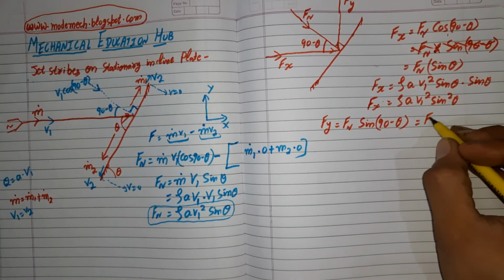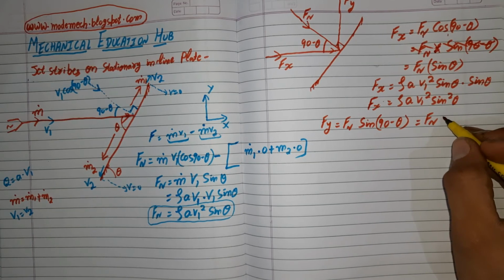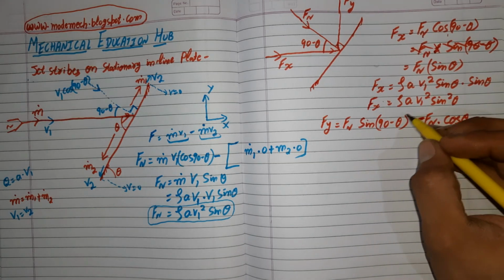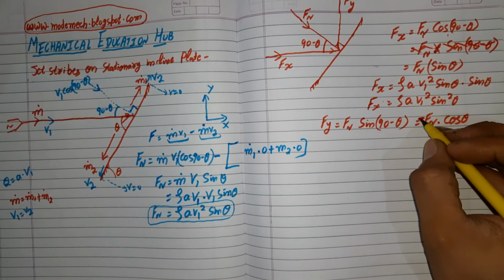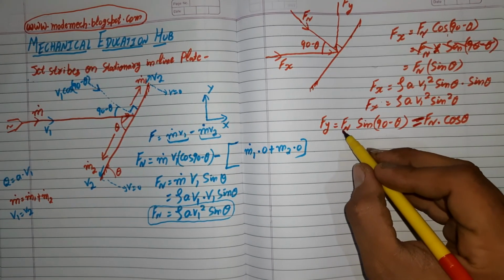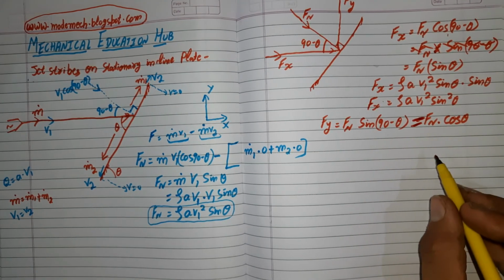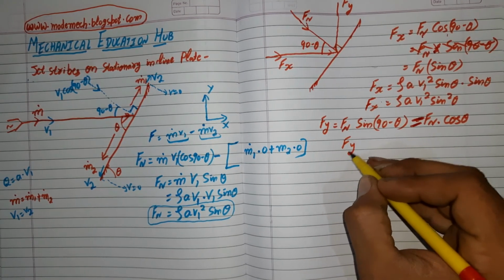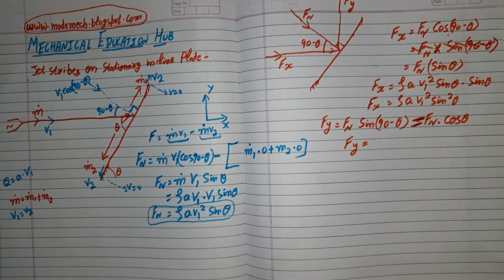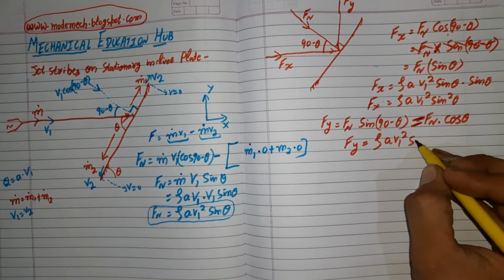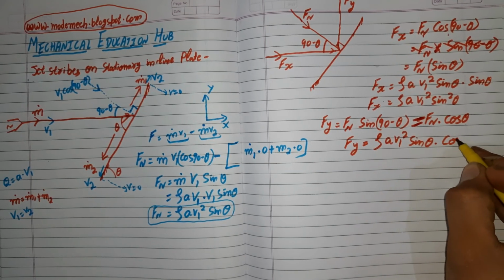We can write this sin 90 minus theta as cos theta, so Fn sin 90 minus theta can also be written as Fn cos theta. So force in y direction will be rho a v1 square sin theta into cos theta.